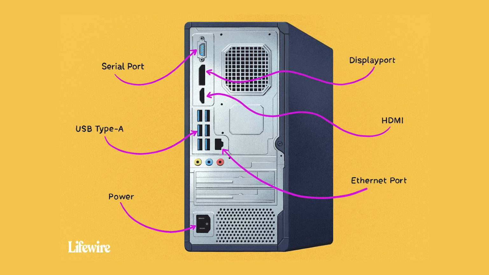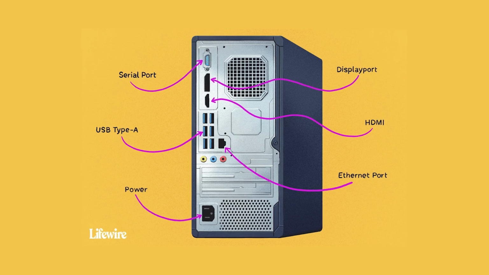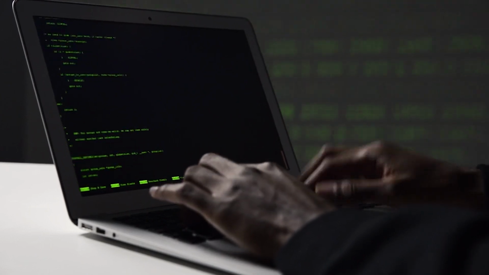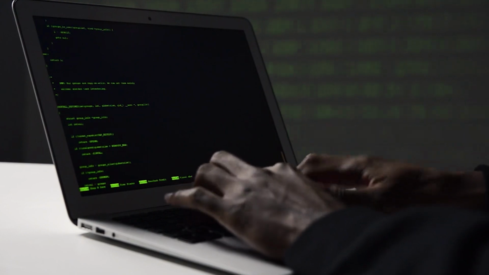So let's tie network ports to cybersecurity. So how do network ports affect cybersecurity? Network ports are major factors in network security and cybersecurity in general. Port scanning, for example, tries all ports at an address to see which ones are open and listening.